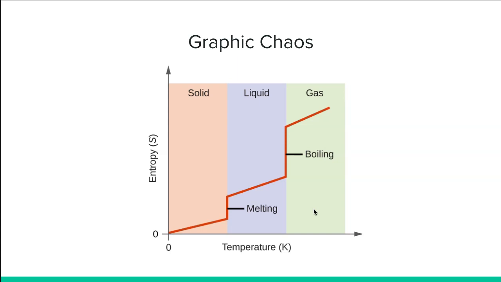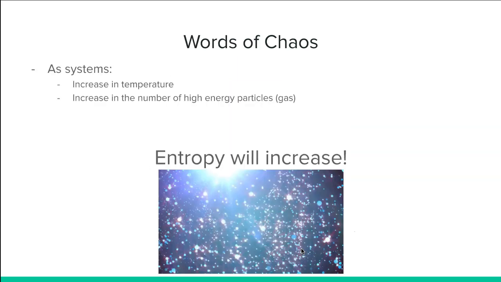And then liquids occur at slightly higher temperatures, and gas states occur at the highest temperatures relative to each individual molecule. So, in words of chaos, okay? As systems increase in temperature, as we just saw, and increase in the number of high energy particles, that means gases, right? As we're going through phase shifts, the entropy will increase.